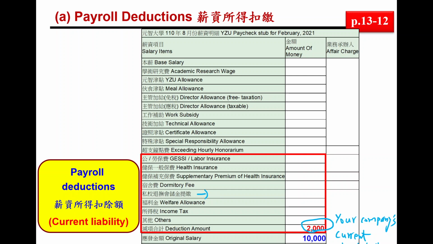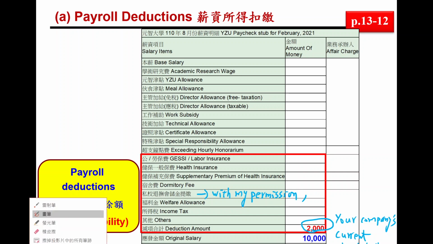So the school, with my permission, the employee's permission, deducts some money and uses it to do investment.